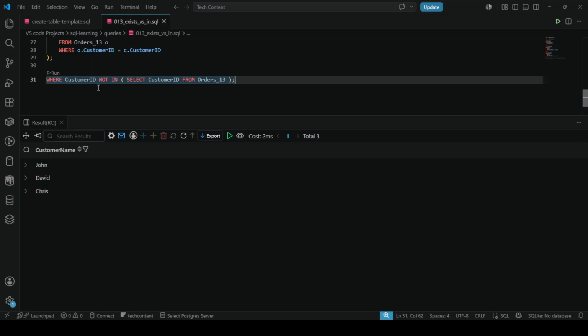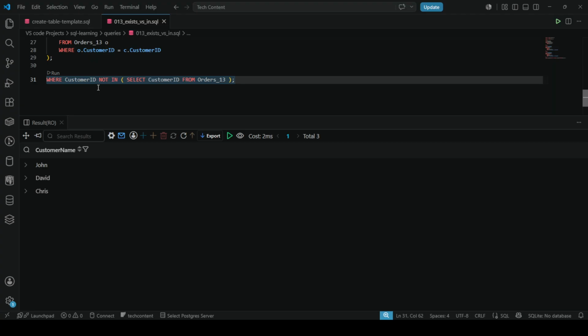Now the third question: is EXISTS always faster than IN? No. The performance depends on the database, query, data, index, and the execution plan as well. Now the fourth question: which is useful for finding customers who have no orders? NOT EXISTS is a very common solution.